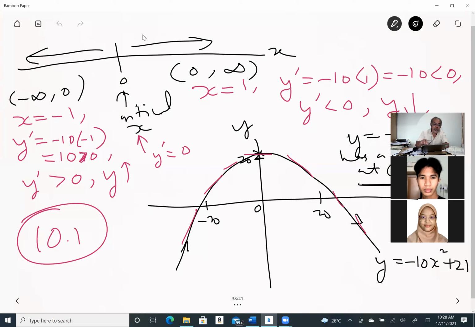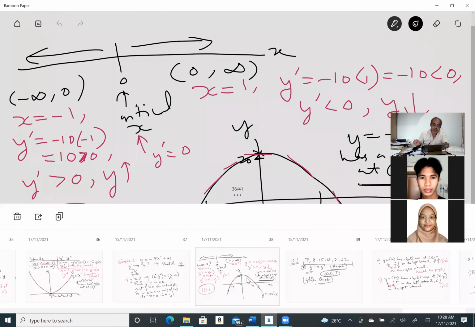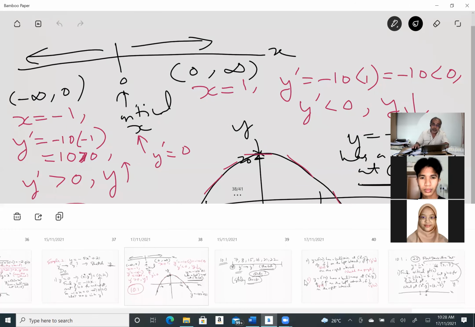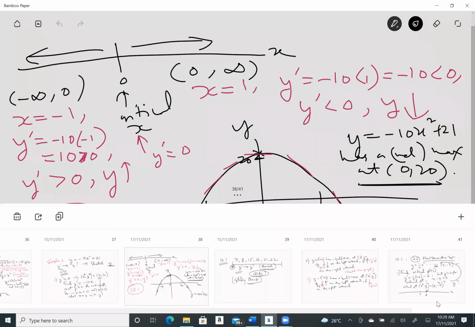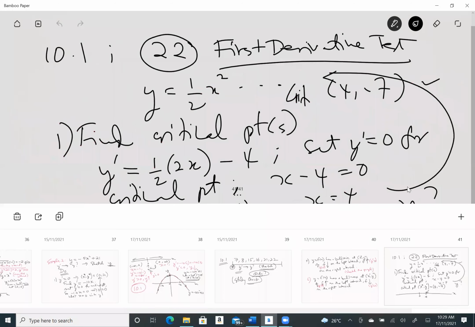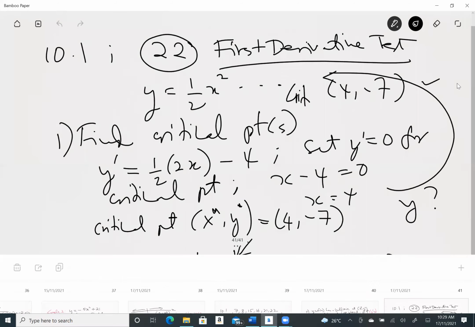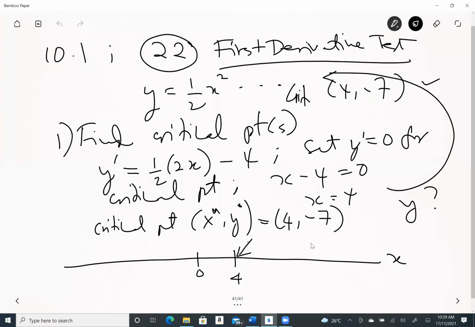The other is from 0 to negative infinity, based on that critical point. So that is the interval we want for that example.